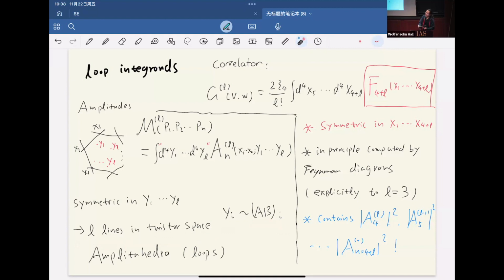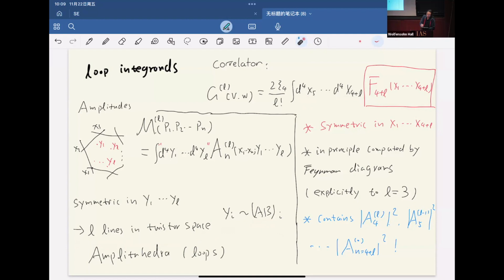Now for the correlator, the story is actually easier because your external dependence is also permutation invariant. So why don't you just define this object that depends on all the 4 plus L points, 4 of them being external, L of them being the loop variables, and integrating over x5 all the way to x_{4+L}.